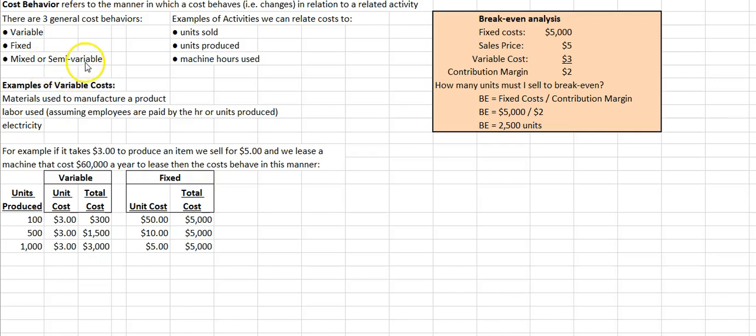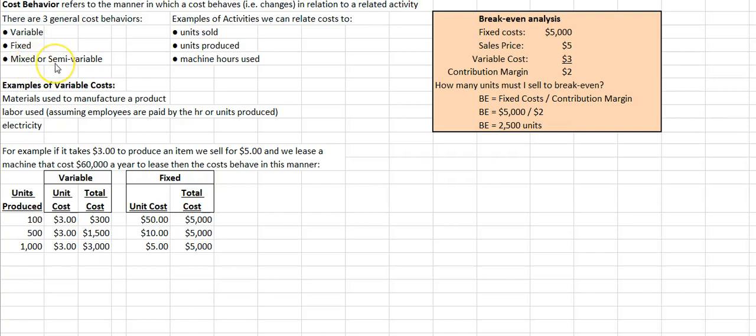Mixed or semi-variable is a combination of both. It's something that typically behaves in a fixed manner initially, and then will go up. So a good example would be something like the usage of your data on your phone. Your phone company may charge you a fixed rate for the month, and after you go past a certain usage, then they will charge you by, I don't even know the terminology, gigabytes used or something like that.